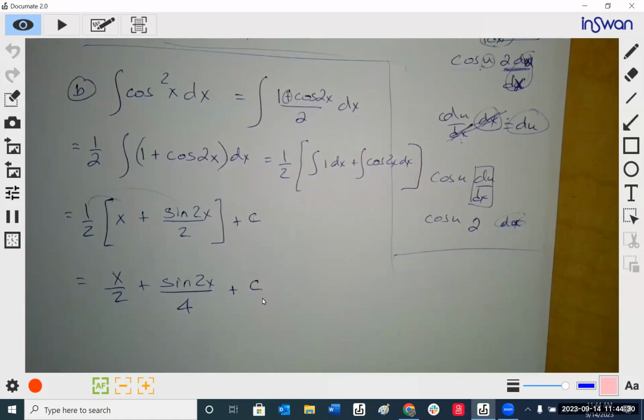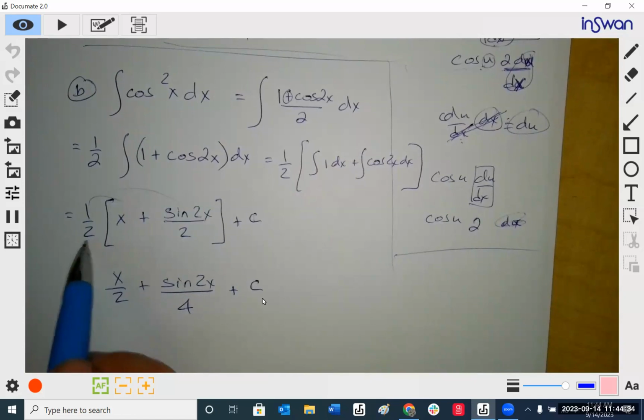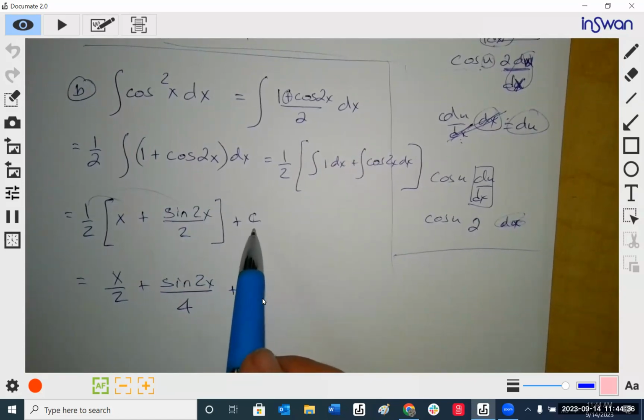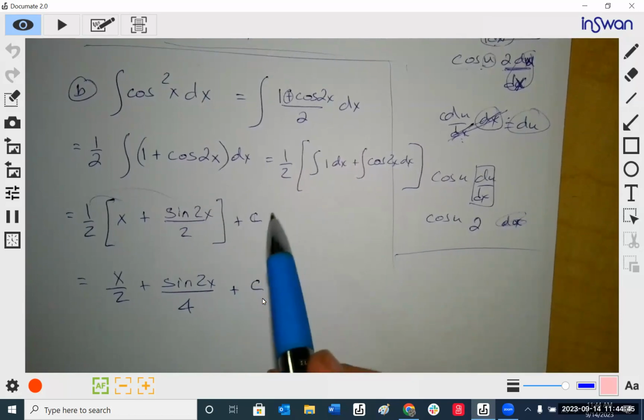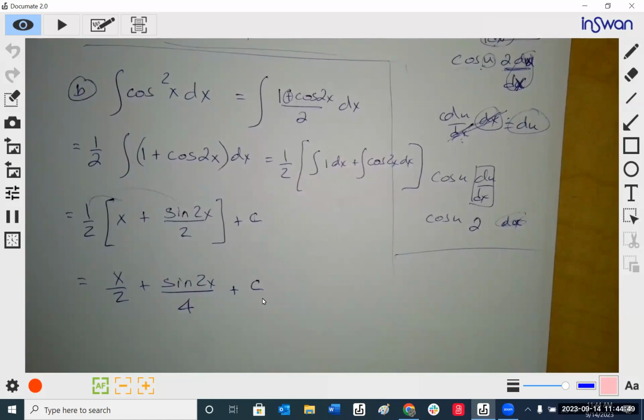Here's a question. When I distribute the 1/2, why don't I distribute it to the C? Yeah, because it's any constant. So C over 2 is still a constant. So that's why we don't worry about doing that.